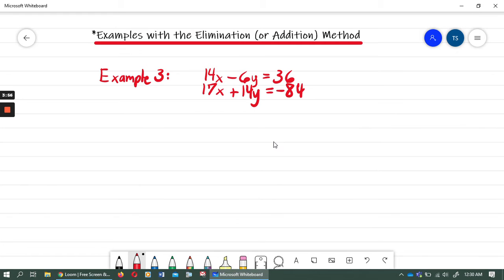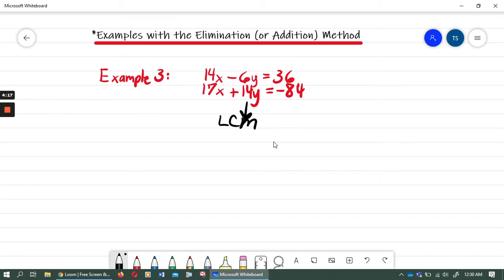So I'm going to choose y because of that. And so what we want to do is look at those coefficients for y, and think about the least common multiple.